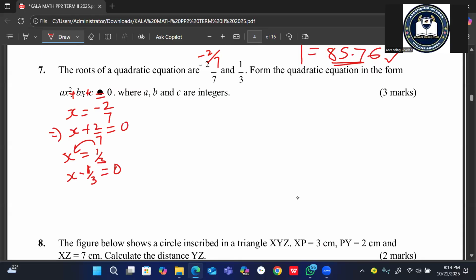So we have to multiply the two so that we can form the quadratic equation. So we have x plus 2 over 7 multiplied by x minus a third should give you 0.